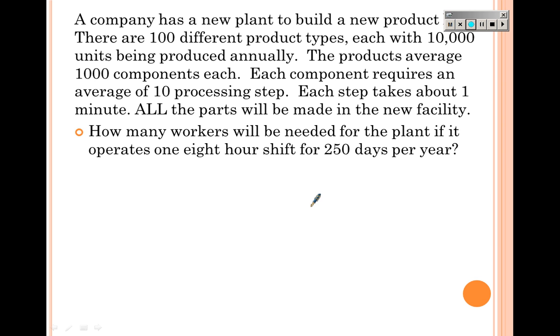And for every hour there are 60 minutes, so let's change those minutes into hours by dividing by 60.